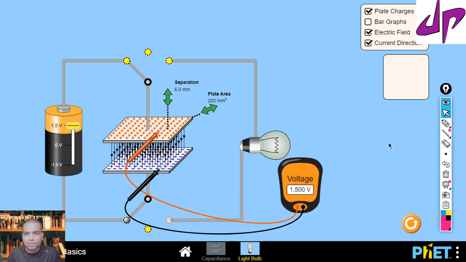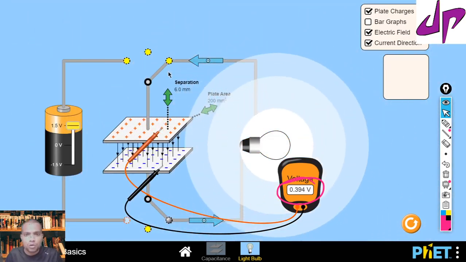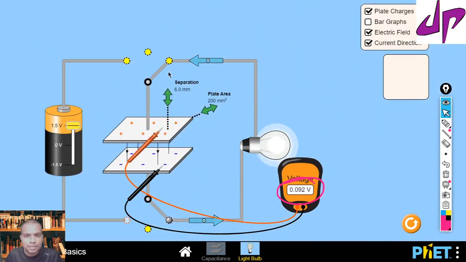Here the capacitor voltage you can observe is 1.5 volt. Now if I connect here, take a close look at the voltmeter. The voltage value is dropping while the intensity is decreasing. Why is the voltage dropping? Because charge is used by the bulb. That's the reason.